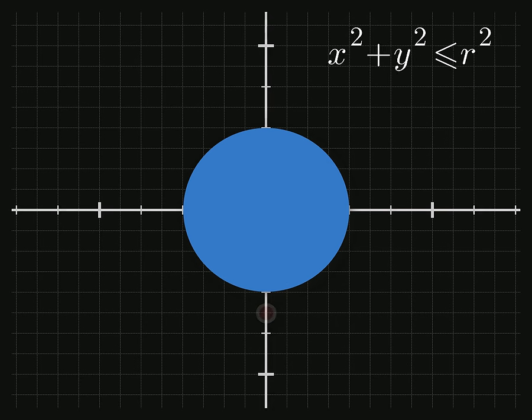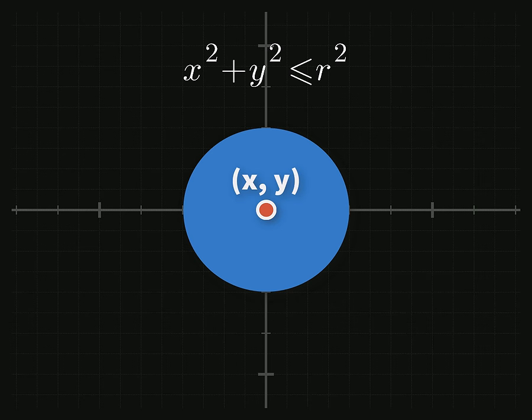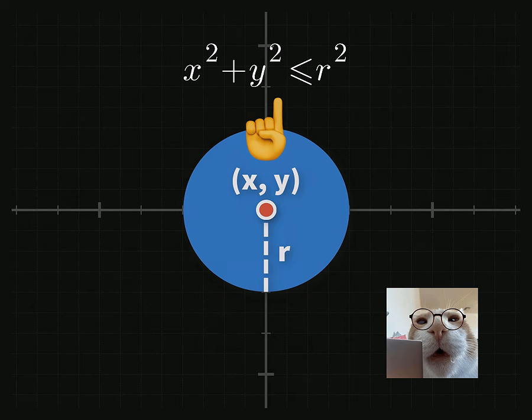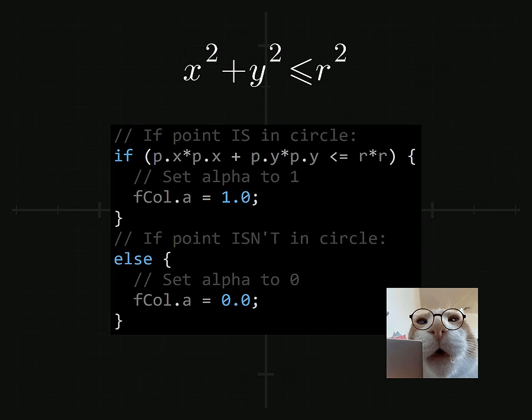In other words, when given a point with x and y and a circle with radius r, I can just use this formula to determine whether or not it's inside the circle, which is exactly what I want. I can just take the pixel's position and the circle's radius and plug them into this formula, which can then just be used to determine whether or not the given pixel is within the circle or not.